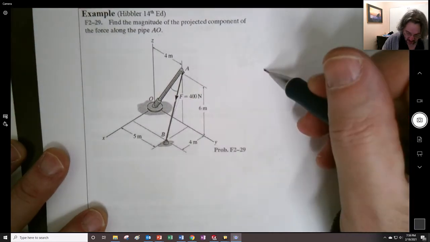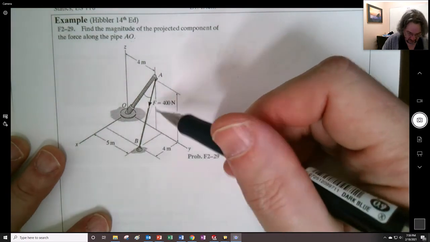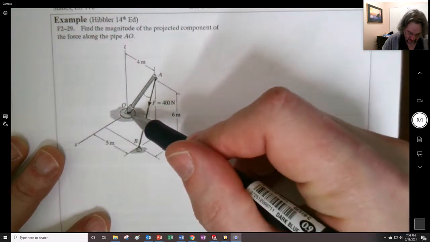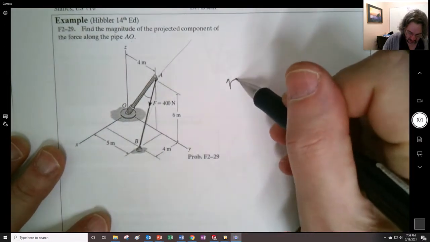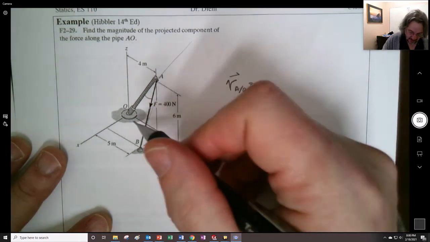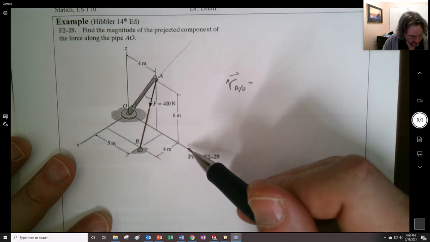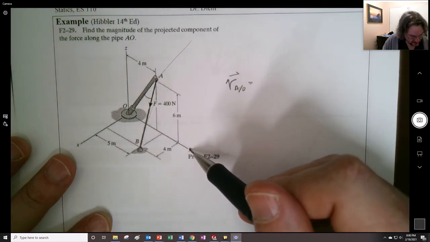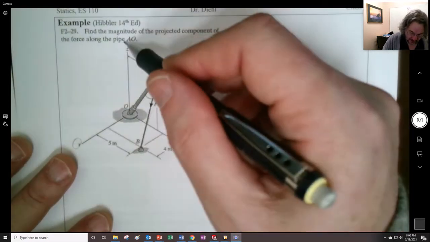So what I'll start off with is finding the position vector of A with respect to O. That's going to be useful to us. So we want to find our A with respect to O. They're using x, y, and z.